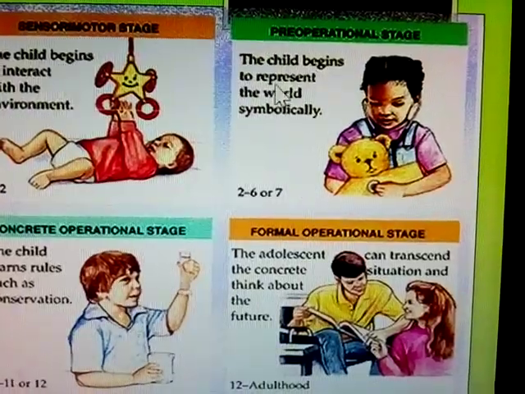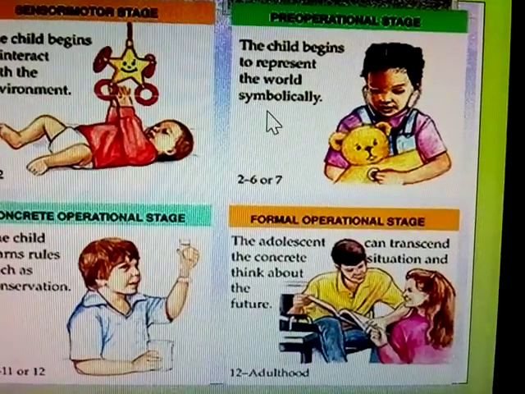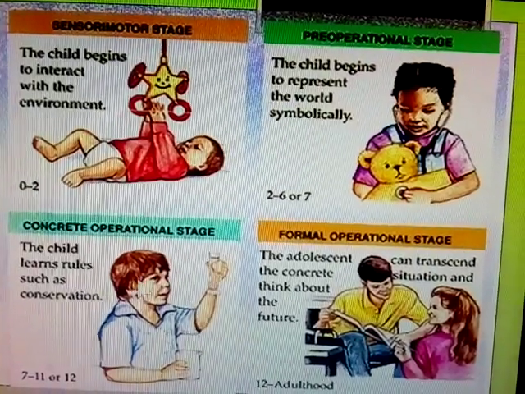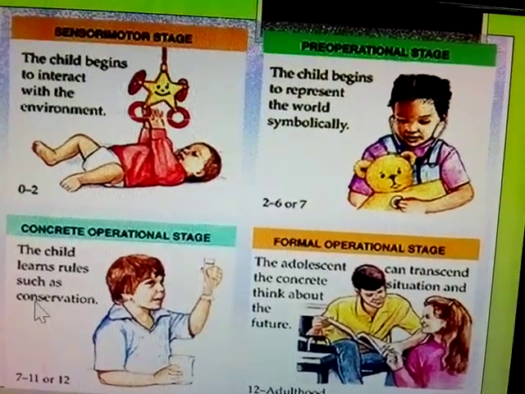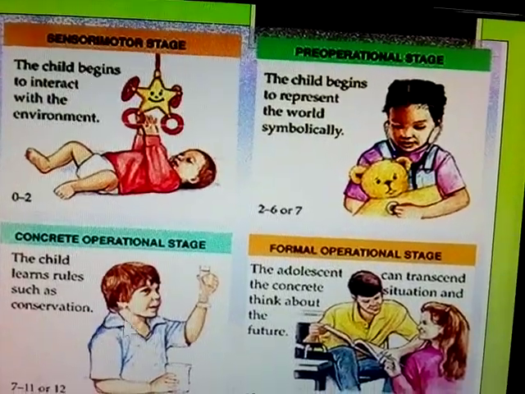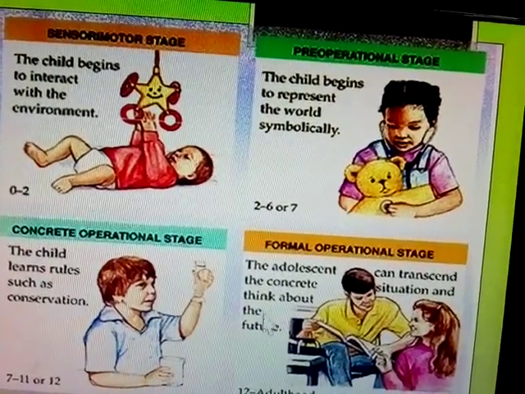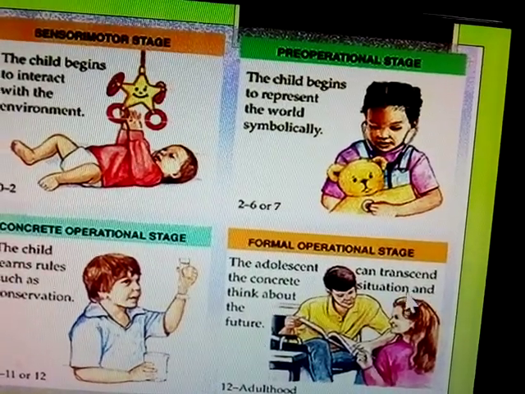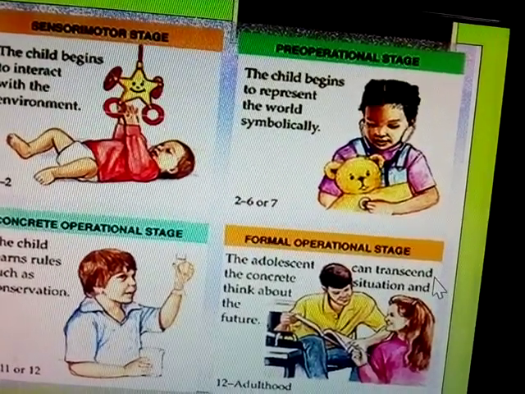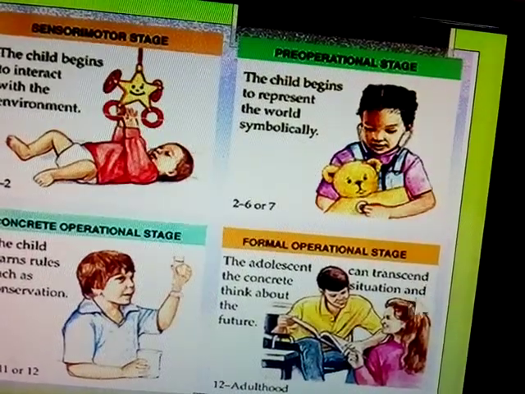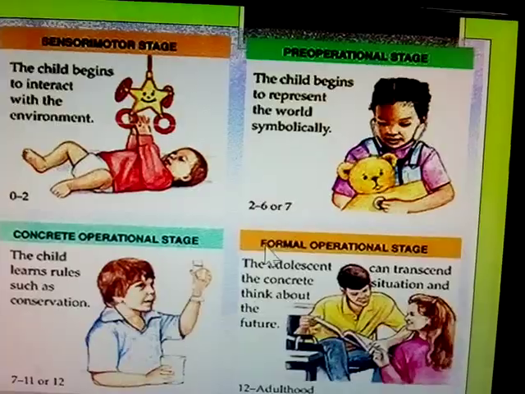Preoperational stage: the child begins to use words symbolically. Concrete operational stage: the child learns rules such as conservation. Formal operational stage: the adolescent can think about the future and transfer situations.